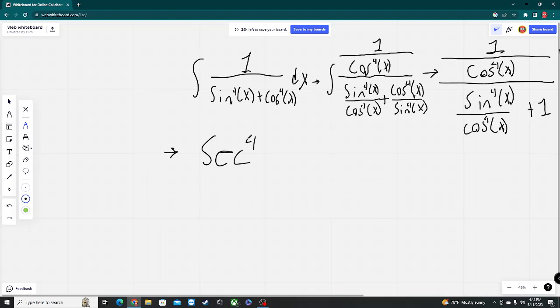So here's sec to the 4th x over tan to the 4th x. Remember our plus 1, because we have that from our equation back there, and dx.